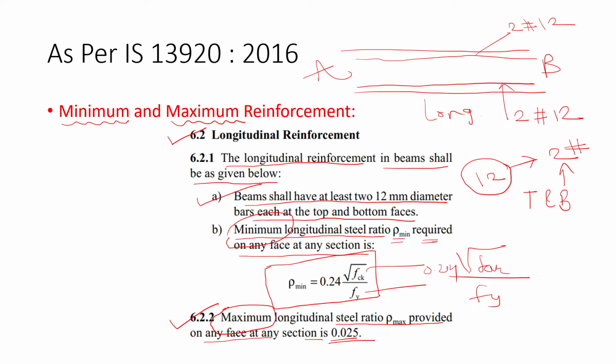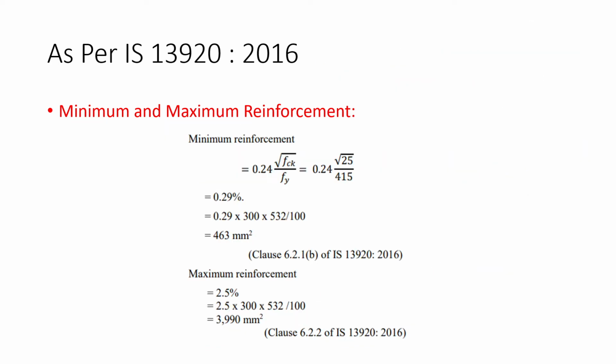Let's see how much it is coming out. First, minimum reinforcement: 0.24 root of fck upon fy. We know fck is 25, fy is 415. If you solve this, our answer is 0.29%.